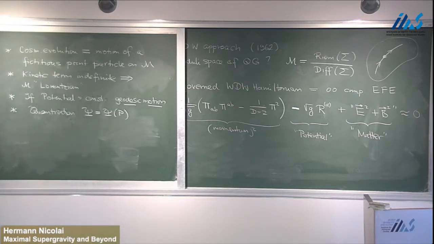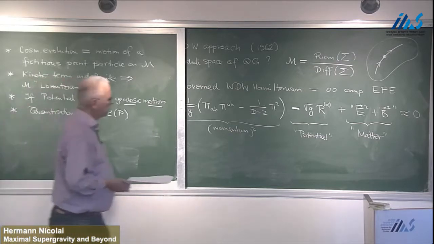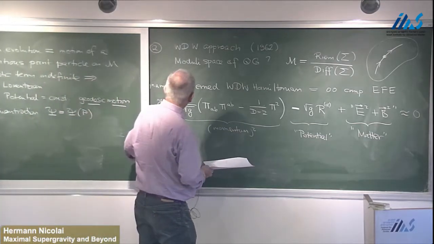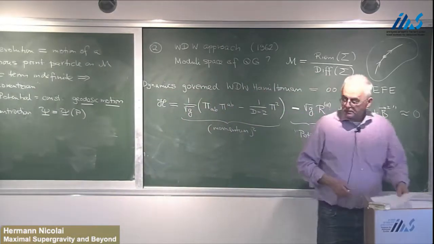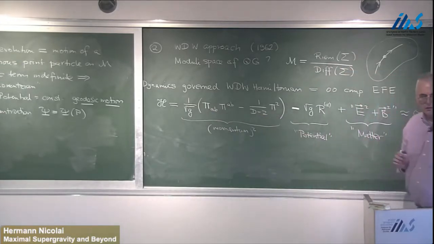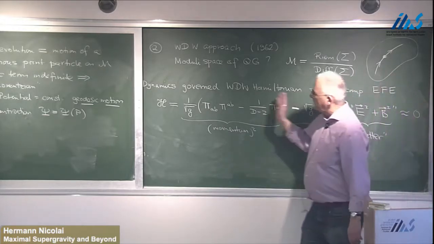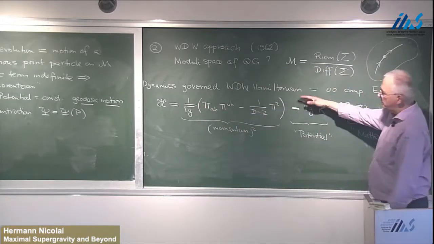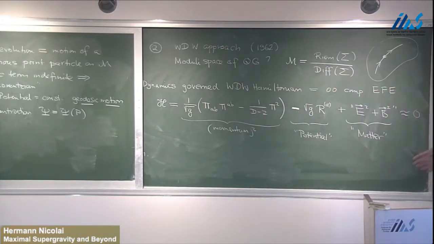Now, you also know, probably, that this whole program finally did not work. It ran into all kinds of difficulties because, I mean, to start with, this whole thing is mathematically ill-defined, and probably there is no way to make it well-defined. People nevertheless continue to use it. For example, in the context of quantum cosmology, when you do reductions to mini-superspace, they continue to work with this.